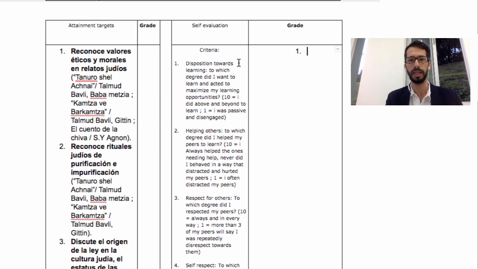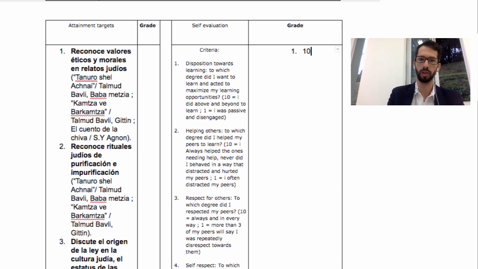The first criteria is the disposition towards learning. How willing were you to learn? Did you come to class every day with the best attitude towards learning? Did you try to maximize your learning opportunities? If this is you, give yourself a 10.